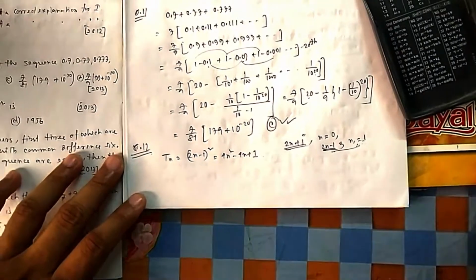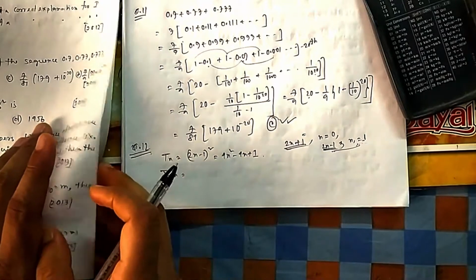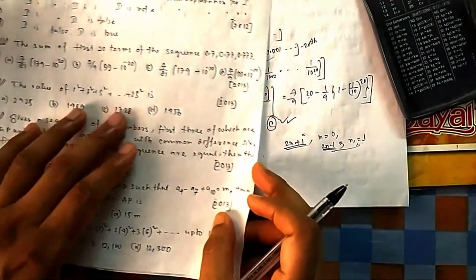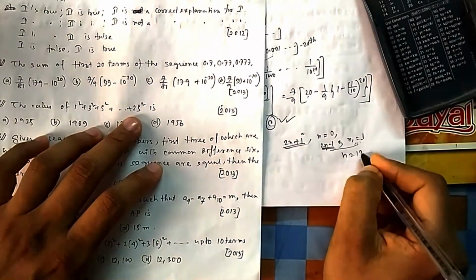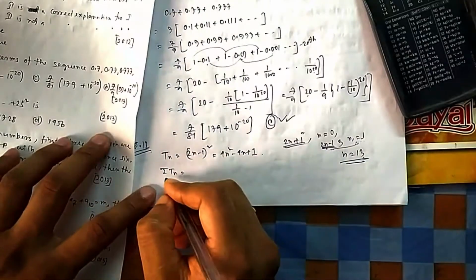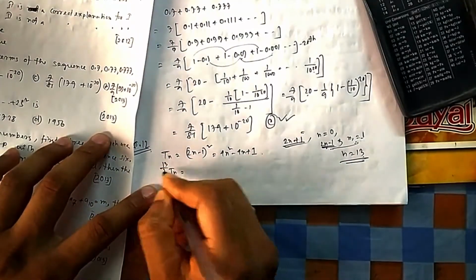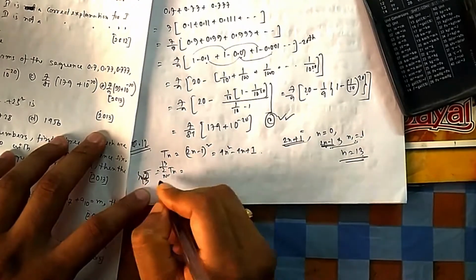So if you put summation over Tn, we need for how many terms are they asking? Up to 25. Not 25, the last term is 25. That means if you put n equal to 13, it is 2 times 13 minus 1. So it will move from n equal to 1 to 13, that is S13 we are doing actually.